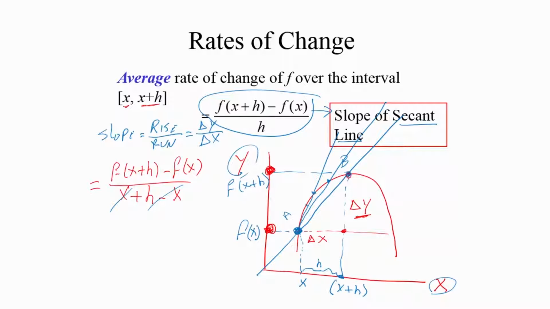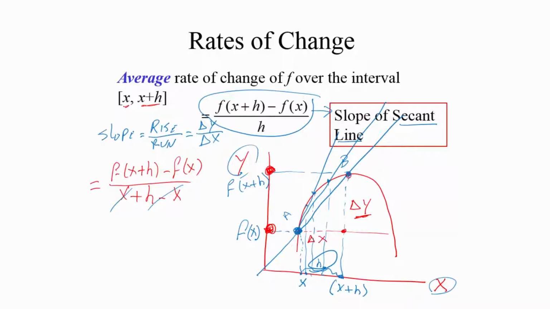What is happening is every time you move point B and bring it closer to point A, your x plus h would get closer to x. So what is happening is h is getting smaller.